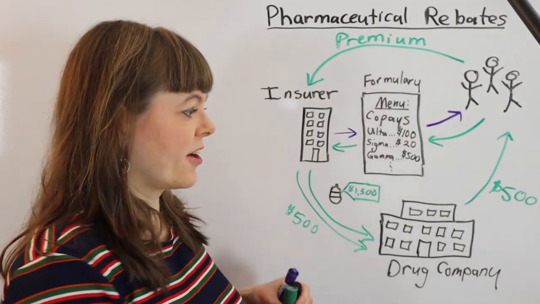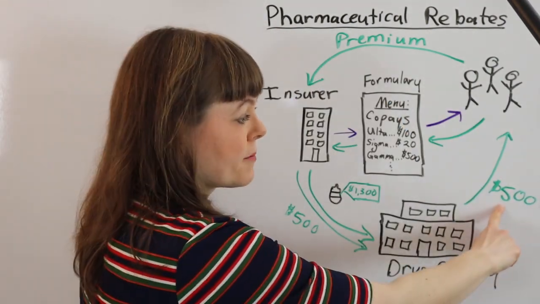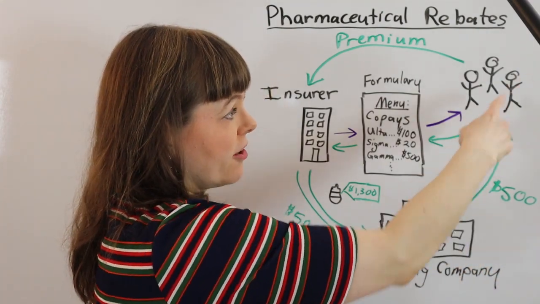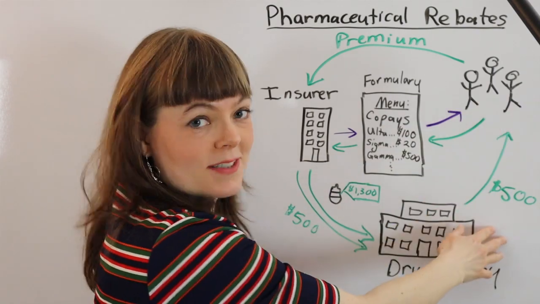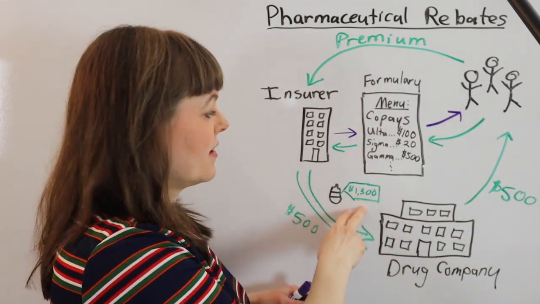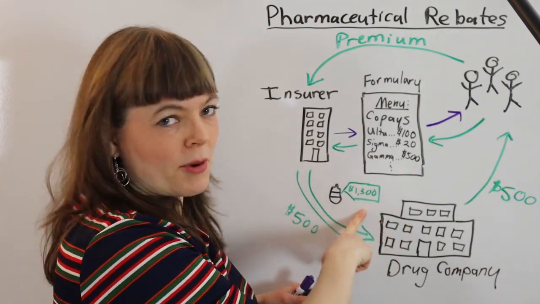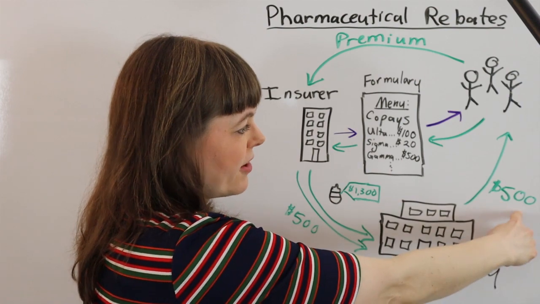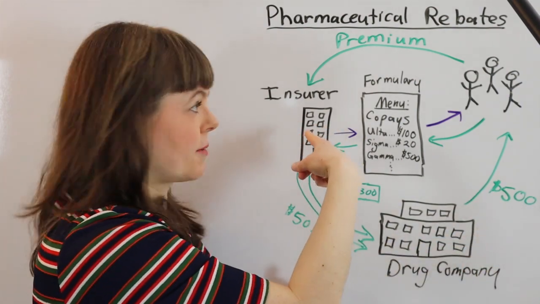So what's happened here? Well, the drug company is not bearing the burden of this $500 rebate that they're giving out to the patient, which seems so generous. They are increasing the price to the insurance company. Instead of an $800 price tag, it now has a $1,300 price tag. It's passing this $500 directly onto the insurance company.